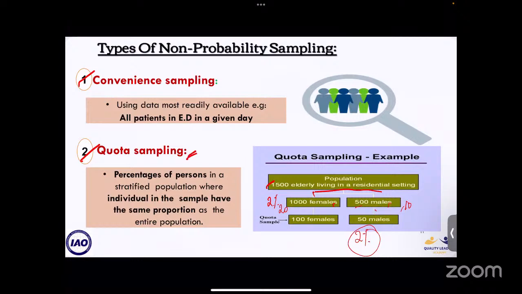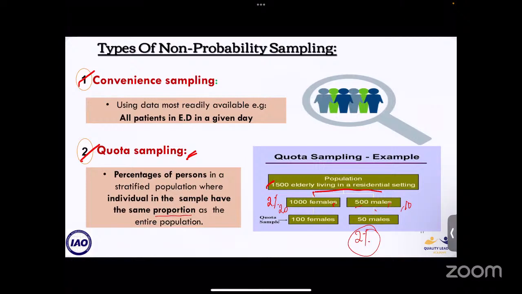Okay, so the key points here: the population has a total of 1,500 elderly individuals. This includes 1,000 females and 500 males. For the quota sample, sampling is done based on proportions from the population.